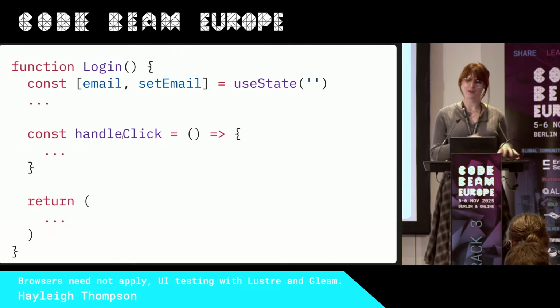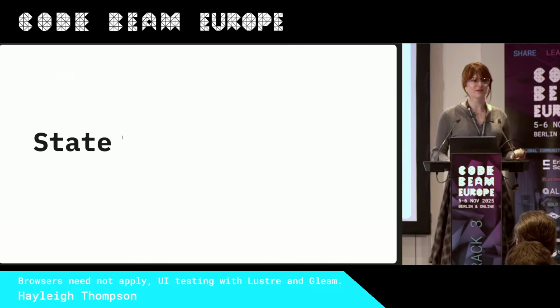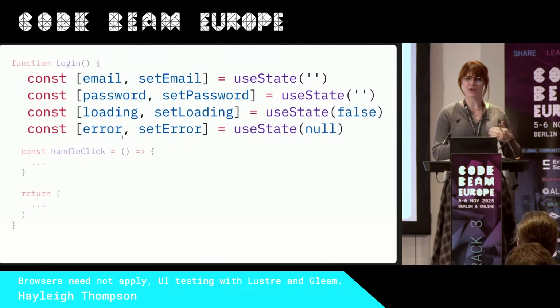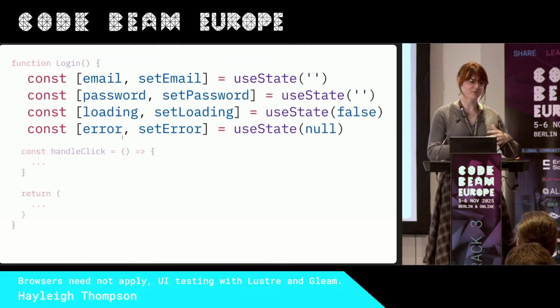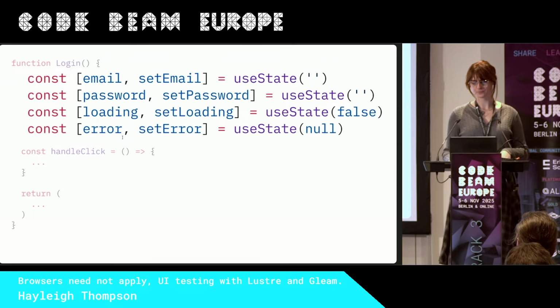And most React components kind of follow this sort of structure, where first we set up our component state. So I have, like, an email and a password field. I have some state to track whether we're currently loading, and also I'm going to store an error in case something comes back from our backend.